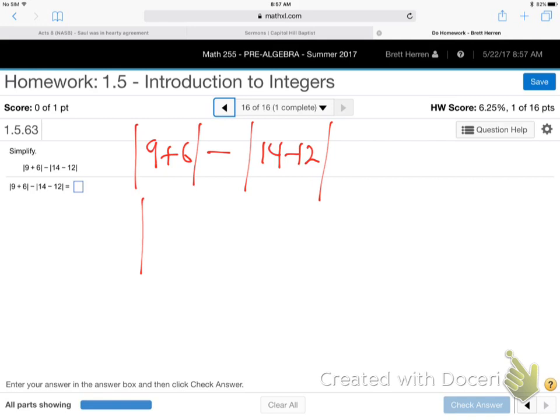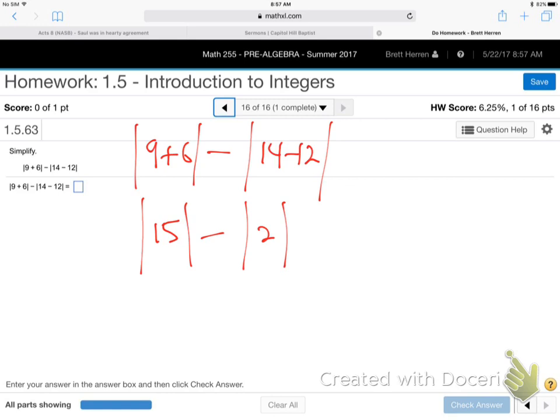Okay, so the first one is 15, the other one 2. So far, so good. You first work out the problems inside the absolute values. And then, what do the absolute values do? Well, there's nothing for them to do.